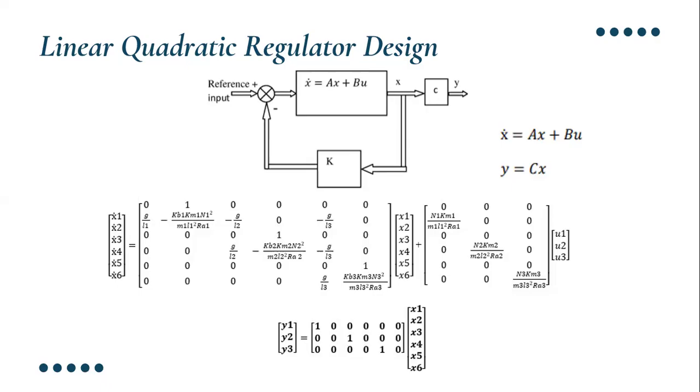In this study, the state space model was obtained as follows, where this is matrix A, this is matrix B, and this is matrix C. We get this state space model from the DC motor equation and Newton's law.